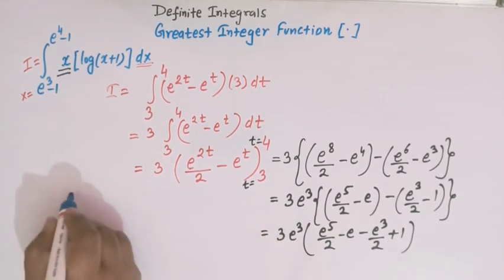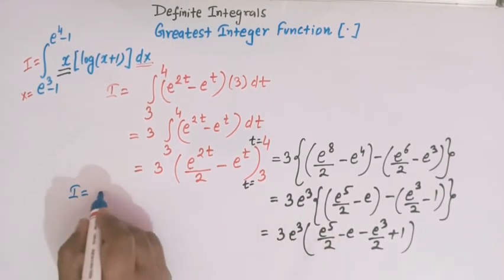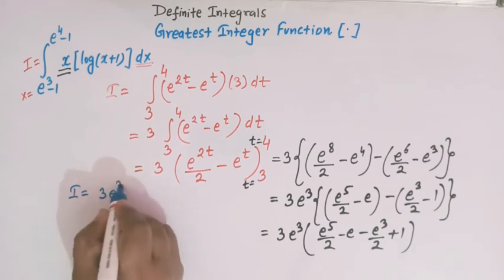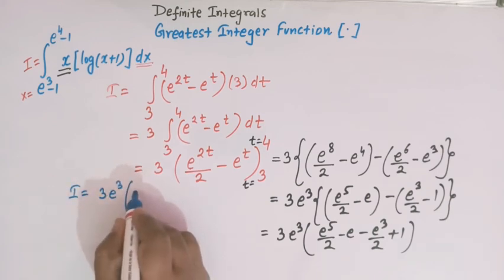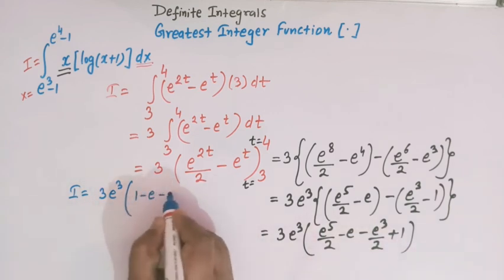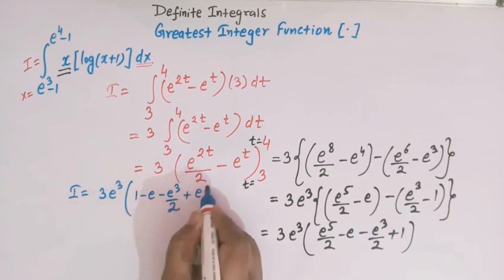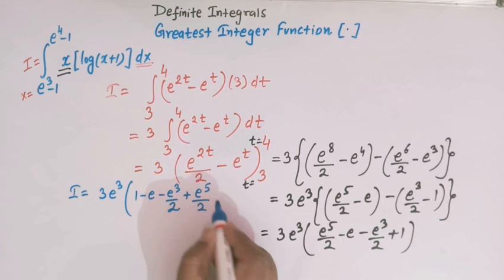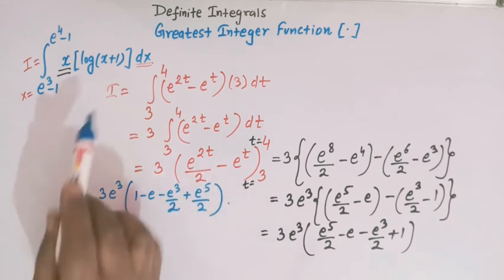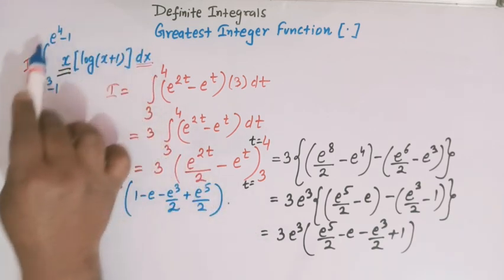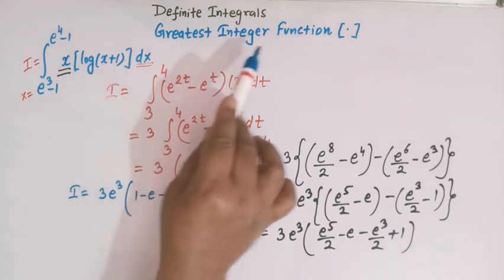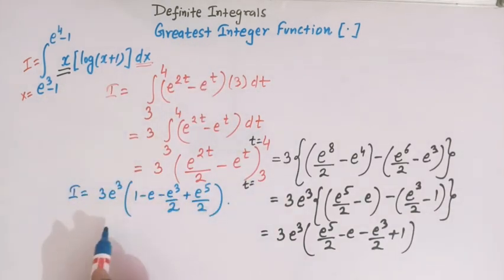So now this expression can also be written as 3 times e raised to 3 times 1 minus e cube over 2 plus e raised to 5 over 2, right? So viewers, the value of this definite integral involving the greatest integer function is given by this expression, right? So this is how we solve this problem.